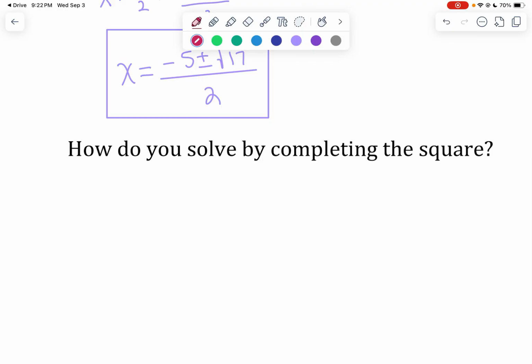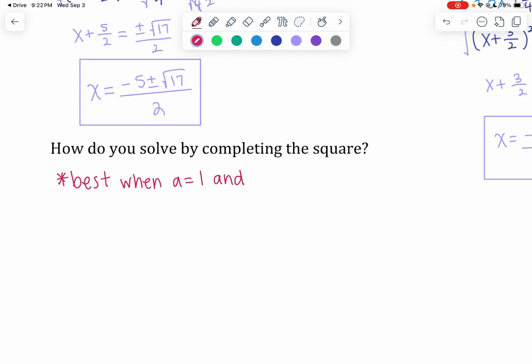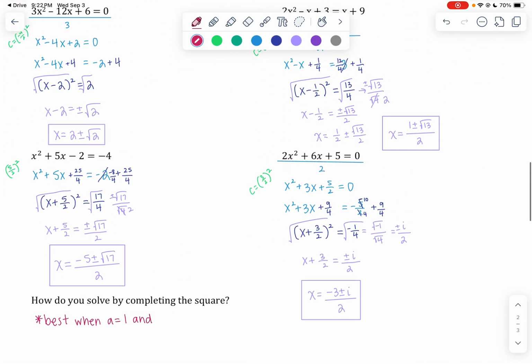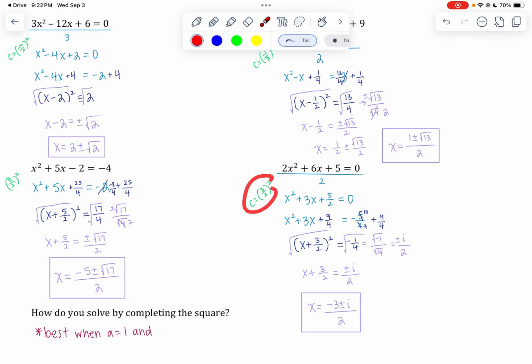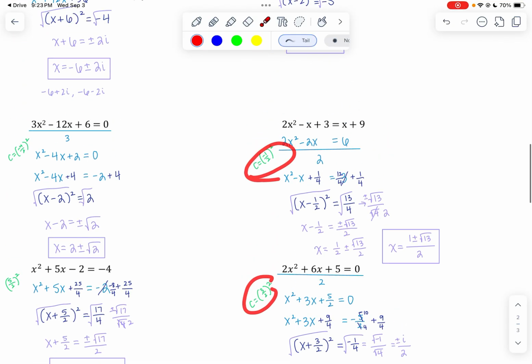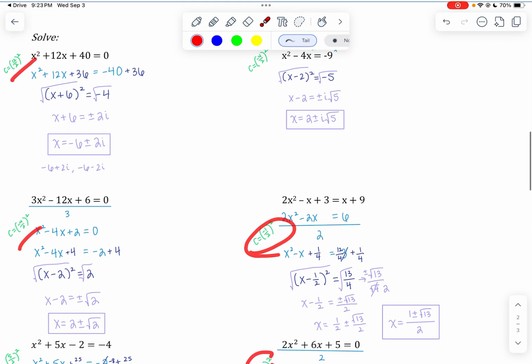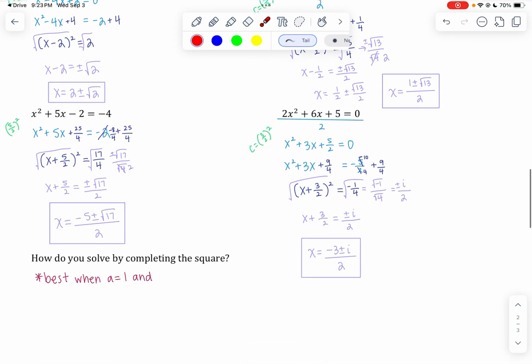Now, in a perfect world, this is best when a equals 1. So you don't have to do anything to a. A is already 1. And this works best when you don't have to add in fractions. So if you go back, this one ended up being a fraction, that was a fraction, but this one wasn't a fraction, and this one wasn't a fraction, because these were even numbers.